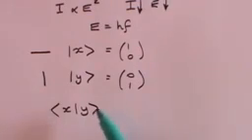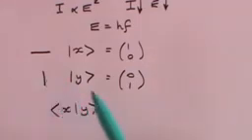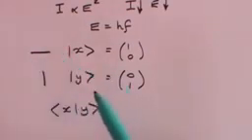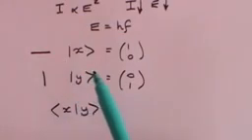What it means is if I prepare light in the y state, that is to say, I prepare it in the vertically polarized state, what are the chances of it going through an X polarizer, that is, a horizontal polarizer? Now we already know the answer to that. If you prepare it in the vertical state and try and put it through a horizontal polarizer, nothing will get through. So we know the answer experimentally, and we know the answer classically. So this has got to come up with the same result.